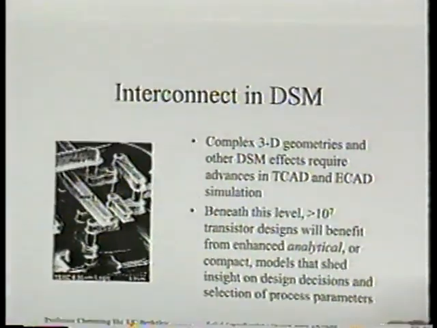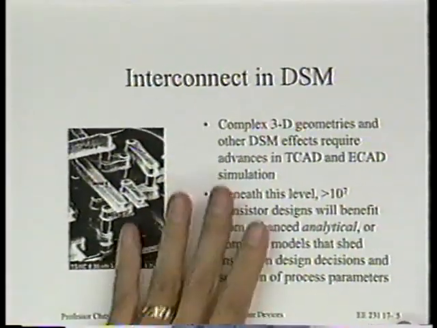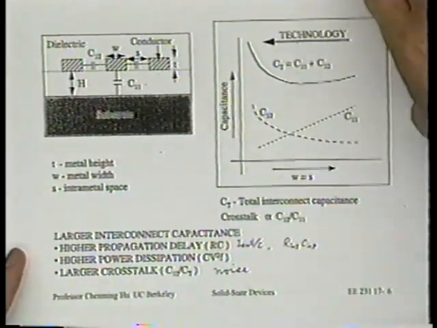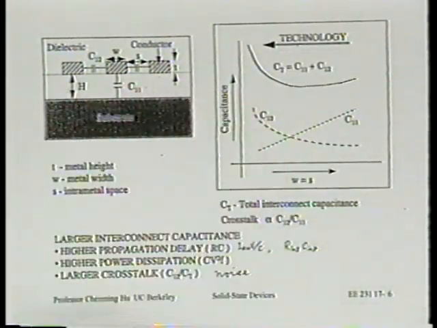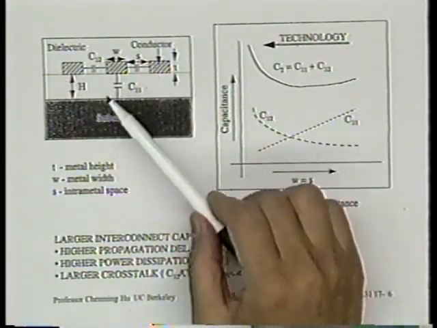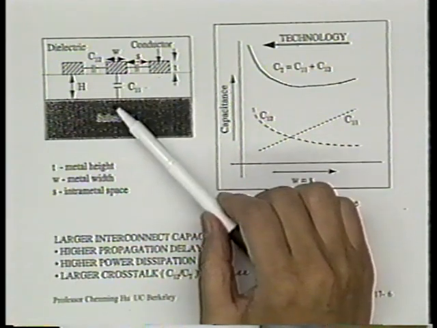And, okay. So, with this as the background, we now have to think that we're using a very simple cross-section to represent that complex geometry. And when we have these kind of lines running next to each other within the same level, or lines running over another layer.